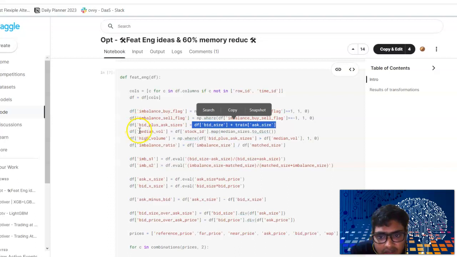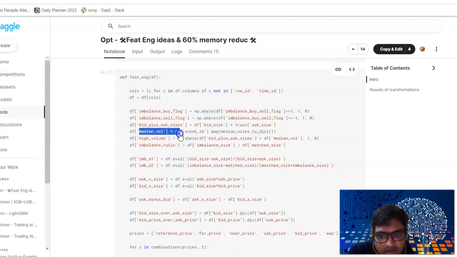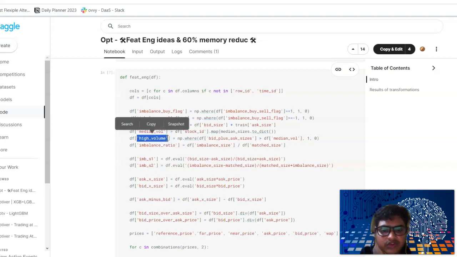Now for the stock ID we will calculate the median volume, and we will find the high volume stocks, those with volume greater than the median, and put them in the high volume stocks.